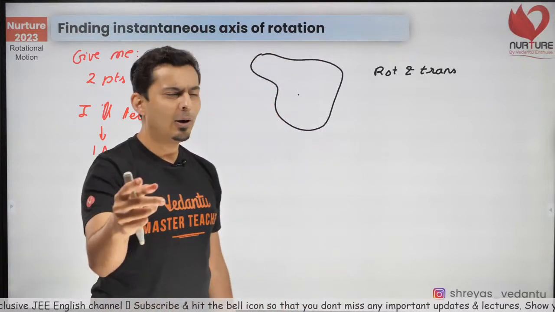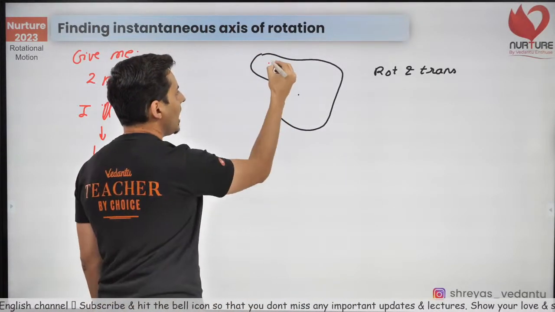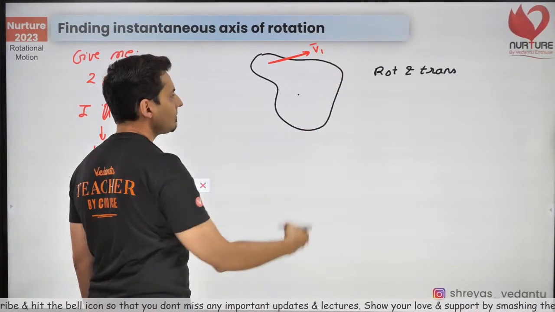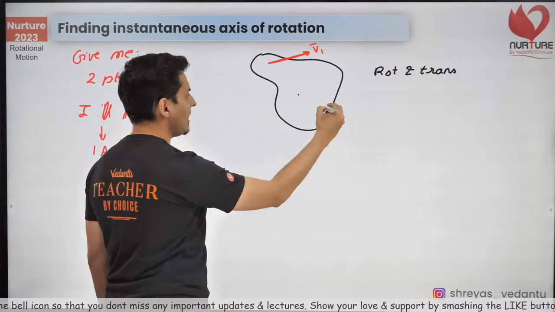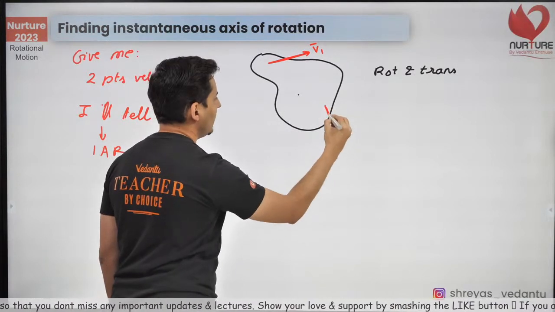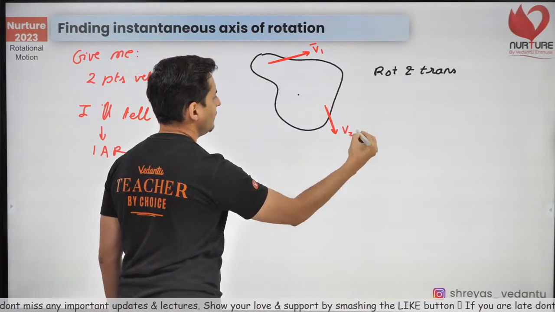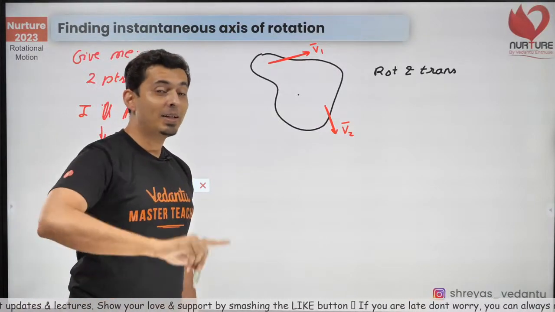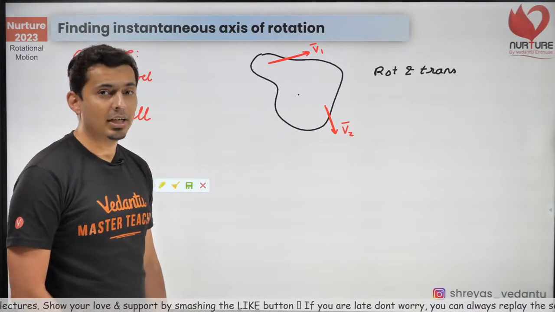It's very easy. How? Just imagine this point. I'll tell you the velocity is like this. Let's say I call it V1. Then I tell you there's another point here and the velocity is like this, V2. I know velocities are always perpendicular to the distance from the axis to that point.